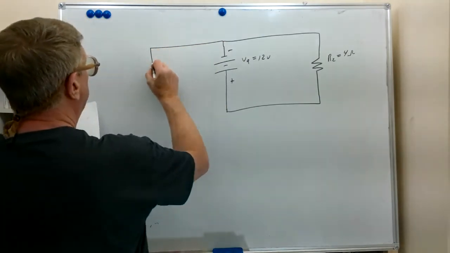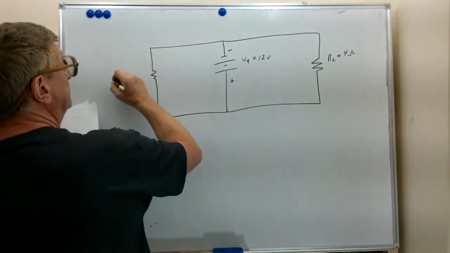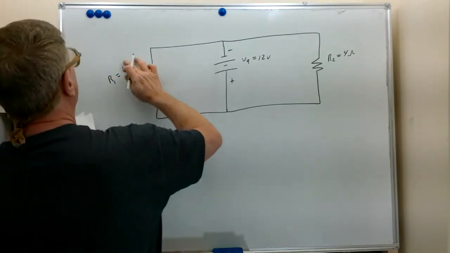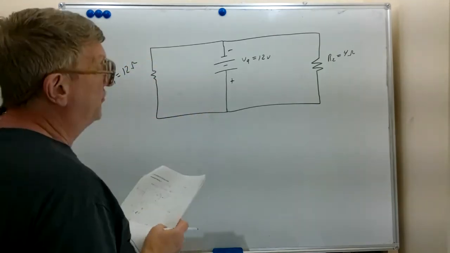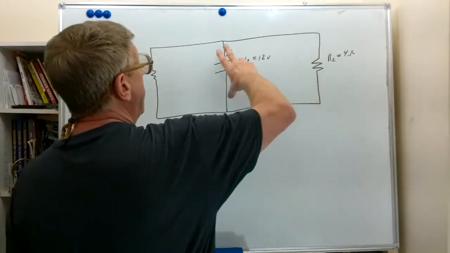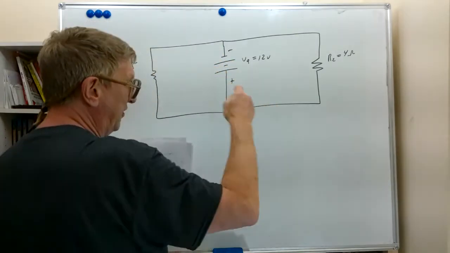We have another resistor here. We'll call this R1, resistor 1. And that's a 12 ohm resistor, 12 ohm. Now the first thing you'll notice, as we talked about, R2 is connected directly back to the power source. R1 is connected directly back to the power source.